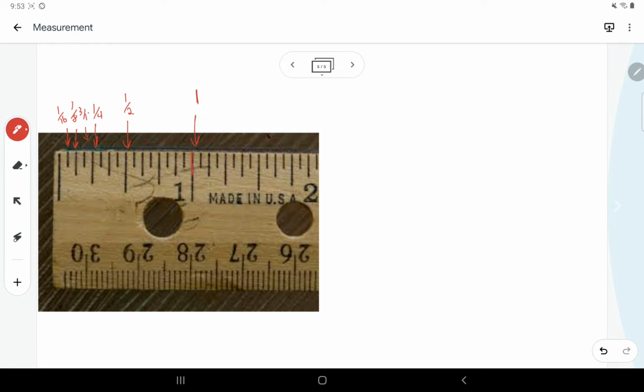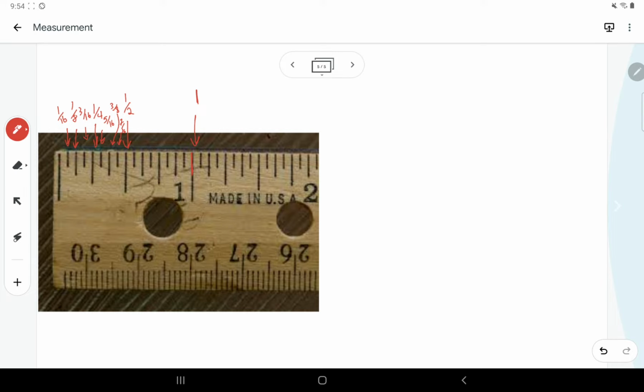Then 4/16, which rounds to 1/4, then 5/16, then 6/16, which would round again to 3/8. Then 7/16, and 8/16, which would be 1/2, and so on. You can just keep counting up in the 16ths and then reducing.